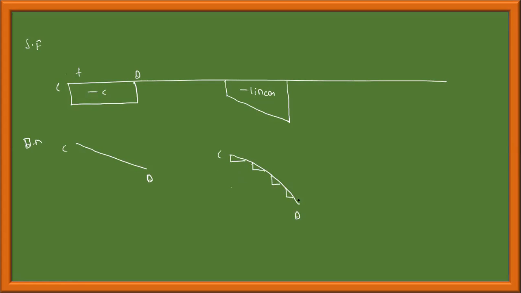Slope increases because slope is equal to dy by dx. As the magnitude of y increases and x reduces, this slope increases. Slope is equal to magnitude of this load. This slope is lesser, this slope is higher. Slope is equal to dM by dx is equal to F.